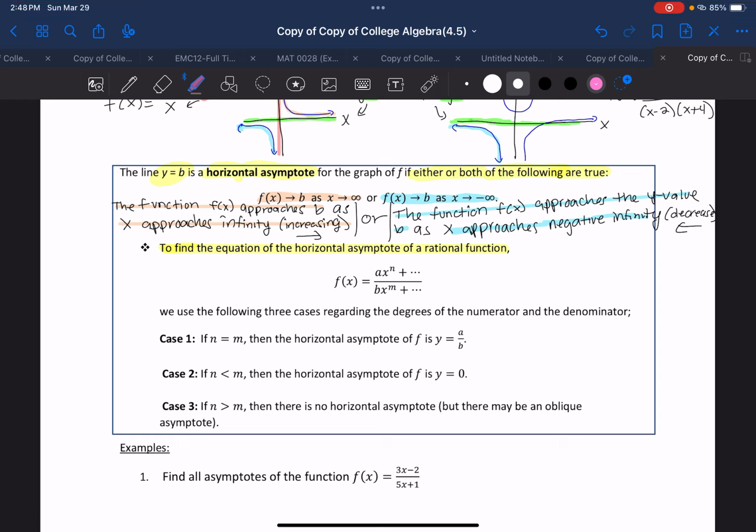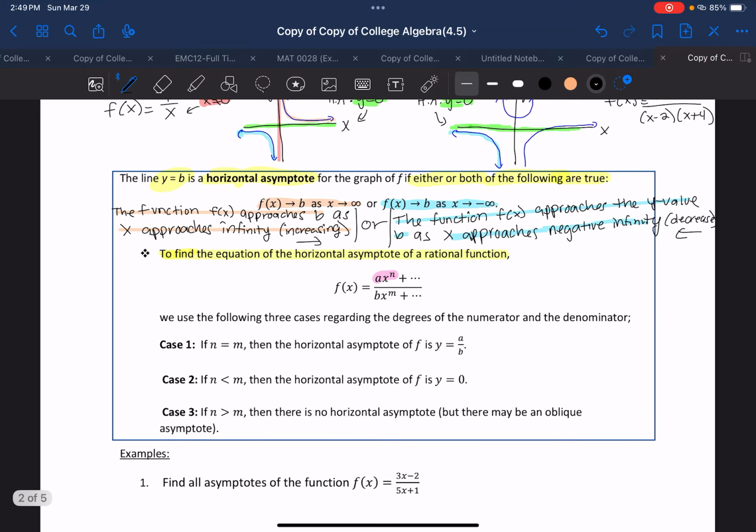It says f of x equals ax to the n power plus ... So here ax to the n power is the leading term. a would be the leading coefficient of the numerator, and n would be the degree of the numerator, the highest exponent of the numerator.